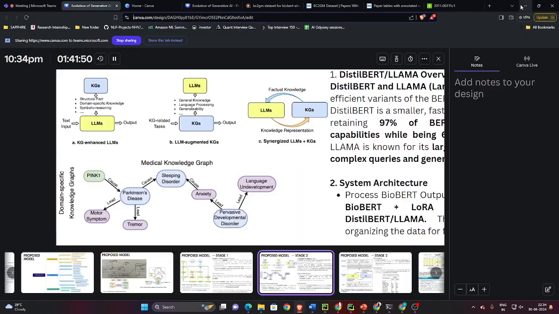Let's say, for example, in this medical knowledge graph, I'm more interested to see that pink one causes Parkinson's disease, also could be a disorder, but I know motor symptoms. Actually, tremor is a part of motor, so it should be connected there. Anxiety is not required for me. Language underdevelopment not required for me. Pervasive development disorder not required for me.